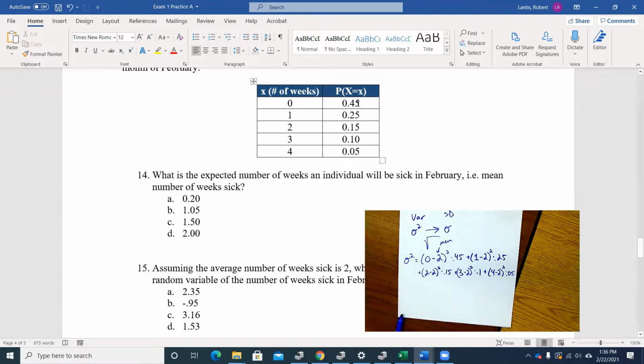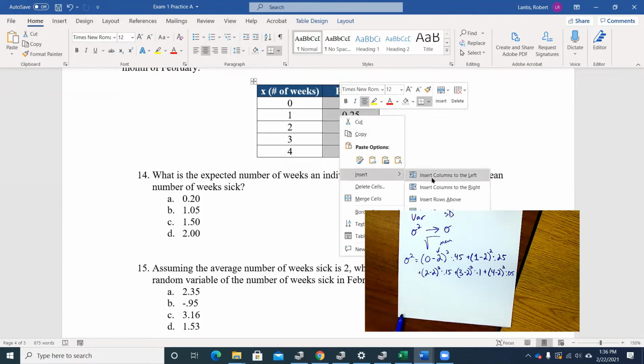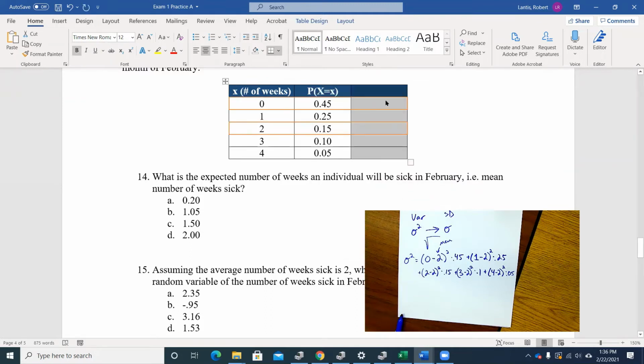Another way to do this, and obviously you're not going to have the ability to insert a column next to it on the exam, but what you could do is, on a sheet of paper in front of you, write your own column, where you have the different numbers of weeks, and you say, okay, for the first one, it's going to be 0 minus 2, so that's 2, squared is 4, times 0.45, so I get what, 0.9? No, 1.85?